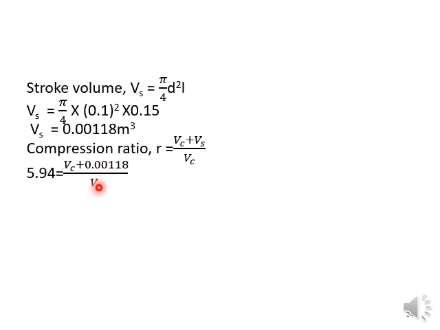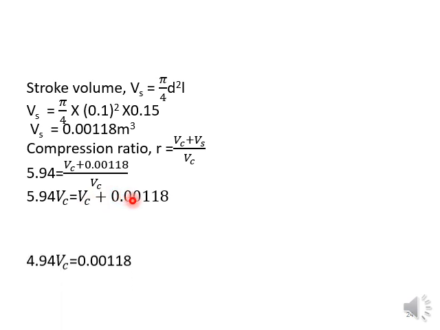So bring this Vc by cross multiplication, it becomes 5.94 Vc. 5.94 Vc is equal to Vc plus 0.00118.